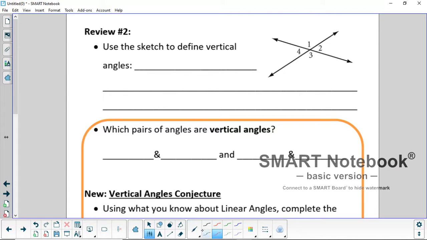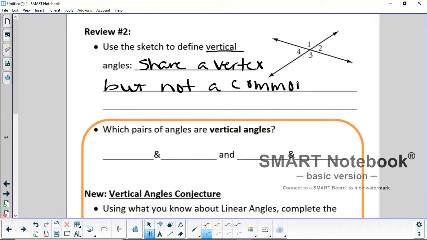All right, review number 2, vertical angles. Remember that word vertical does not mean up and down. To be vertical angles, they have to share a vertex, but they do not share a common side. Position-wise, again, vertical doesn't mean up and down, but rather they're across from each other.